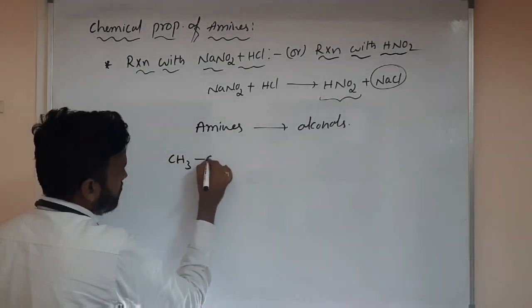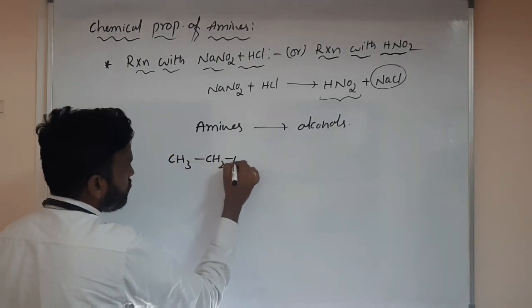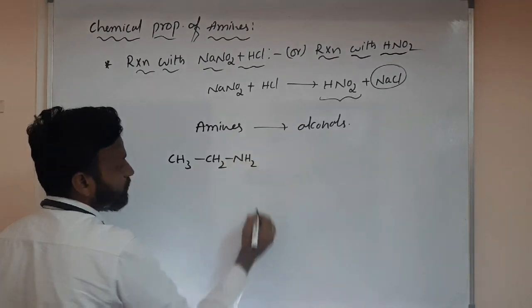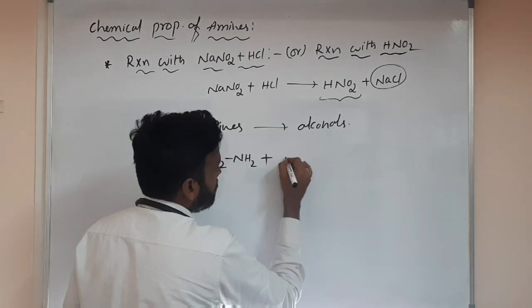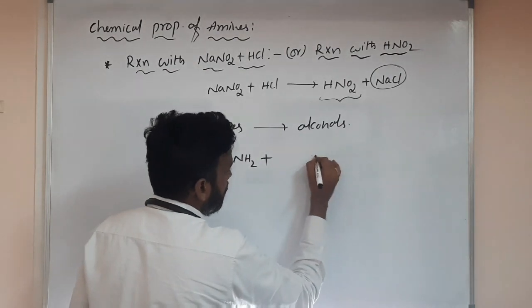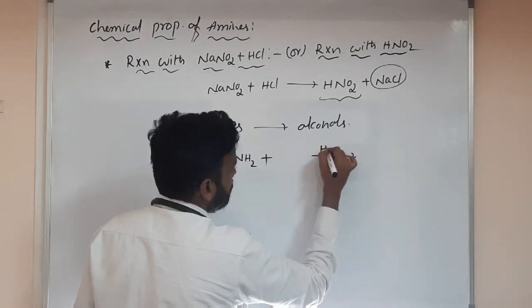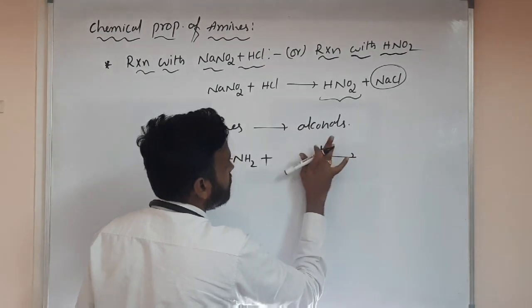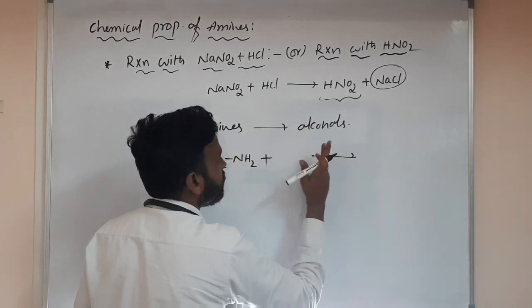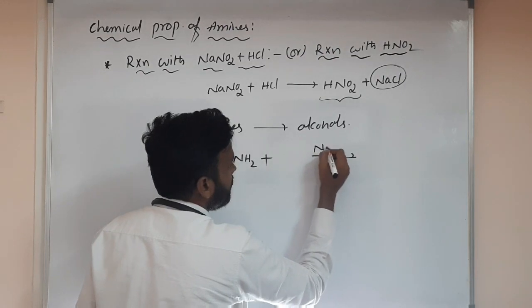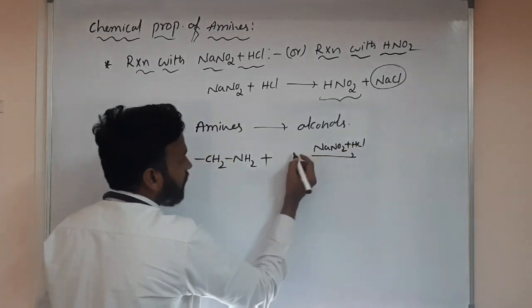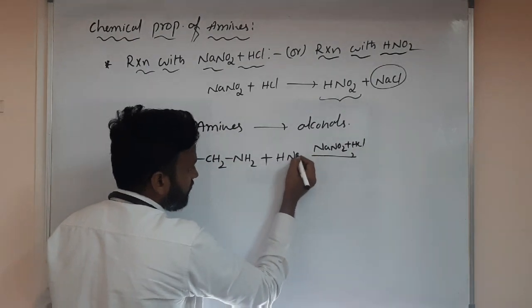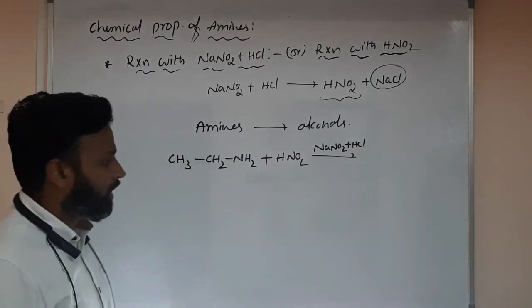Suppose you take CH3CH2NH2, a primary amine, and react it with NaNO2 plus HCl; on the arrow please write down NaNO2 plus HCl, or else you can write HNO2.